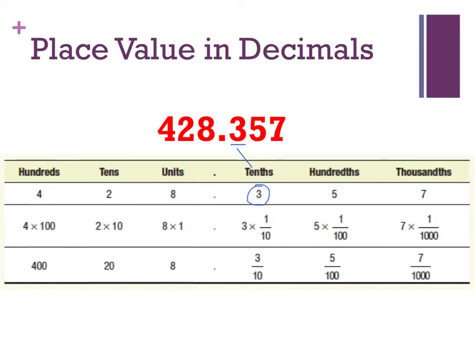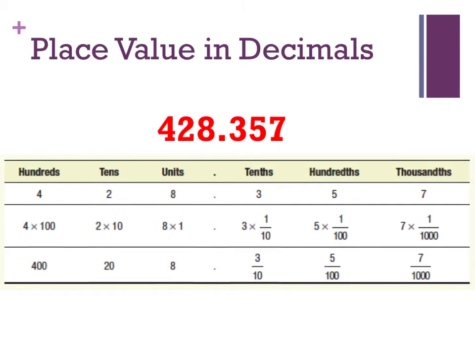I can either say it's 3 tenths, or I can say 3 times 1 over 10. Because 1/10, that's the tenths place value, and then I've got 3 of them. So 3 tenths. Or I can represent it as 3 over 10. They're my 3 options: 3 tenths, 3 times 1 over 10, or 3 over 10.